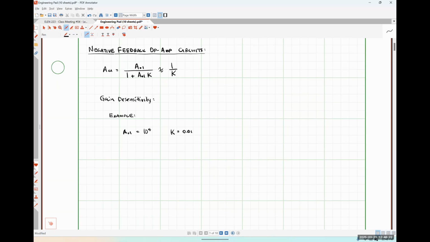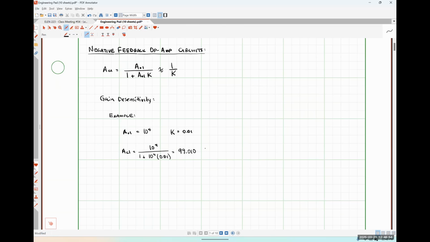So in this particular case, our closed loop gain ACL would be 10 to the 4 divided by 1 plus 10 to the 4 times 0.01.